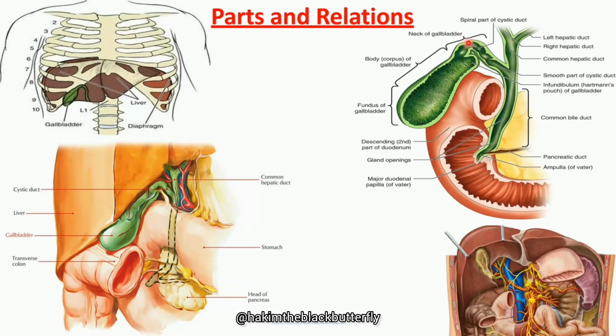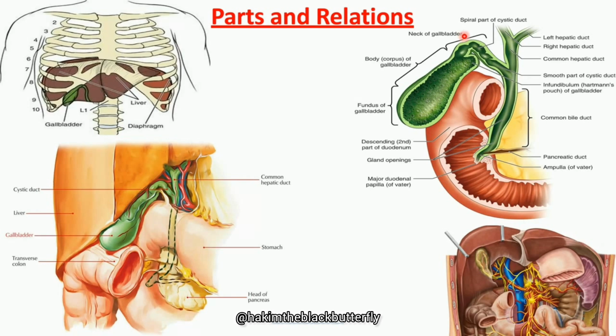From the neck we have its outlet, which we call the cystic duct, which is going to come and join the common hepatic to form the common bile duct, as we explained. So those are the different parts. We have the fundus, the body, and the neck.